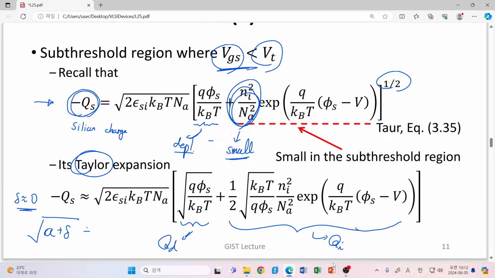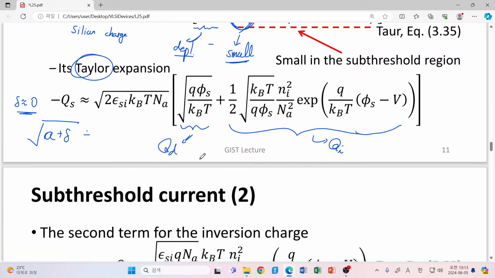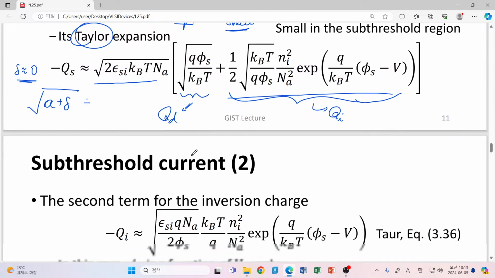So you can easily understand this is possible. So simply speaking, now we have a good approximate form for our Qi. Our Qi is given as this coefficient and this, seemingly quite complicated, but basically it is nothing but just exponential phi s adjusted by our electron Fermi potential.